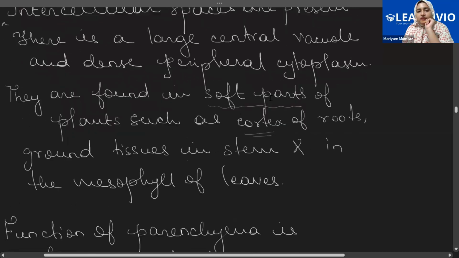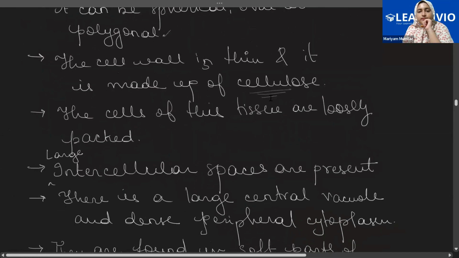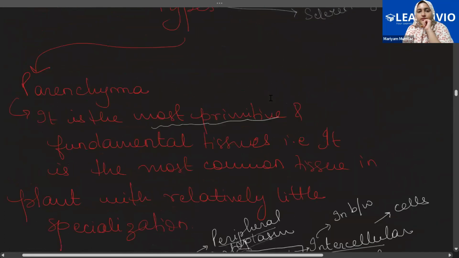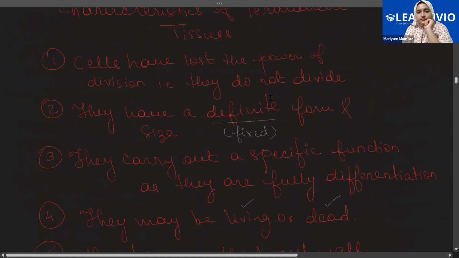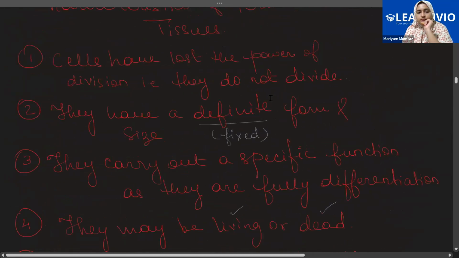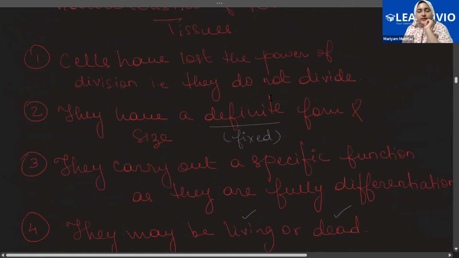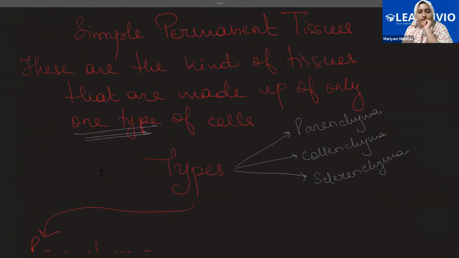First, note down till here. Tell me what is the last thing you have written? Characteristics of permanent tissue. That is completed. There are 6 points. Okay, good. Now you can note down the simple permanent tissues. Can you scroll down?